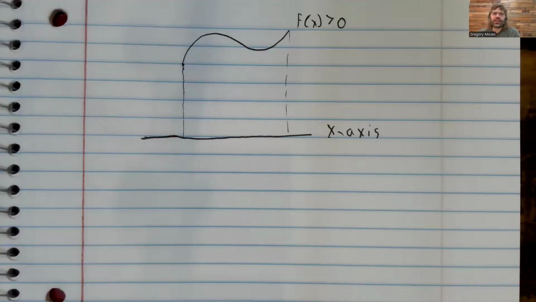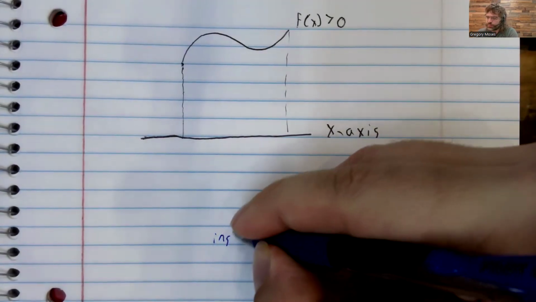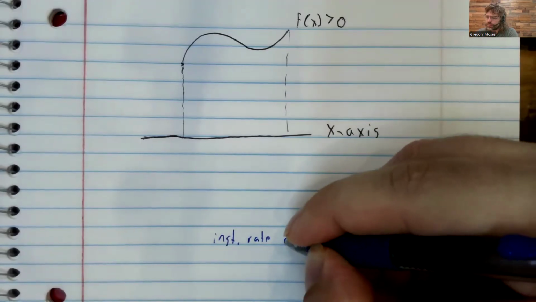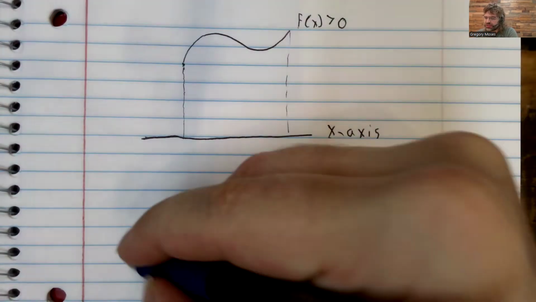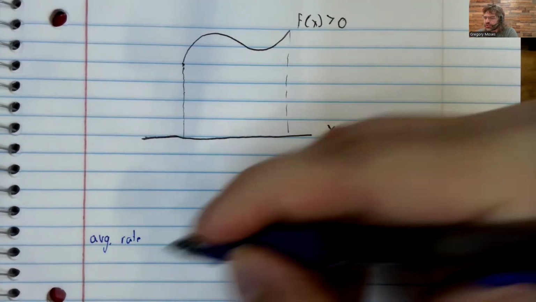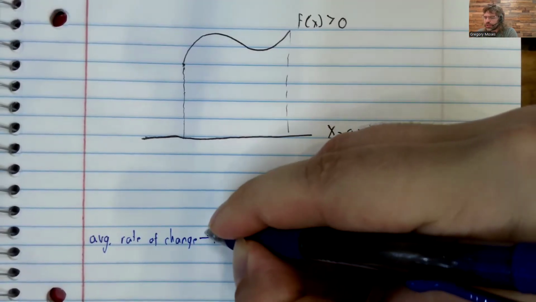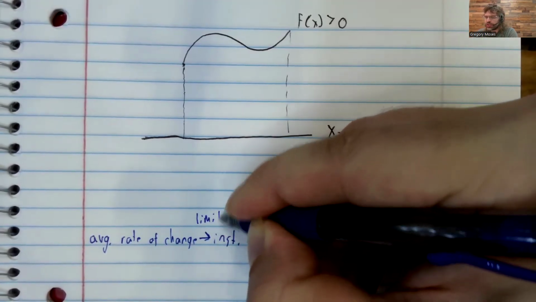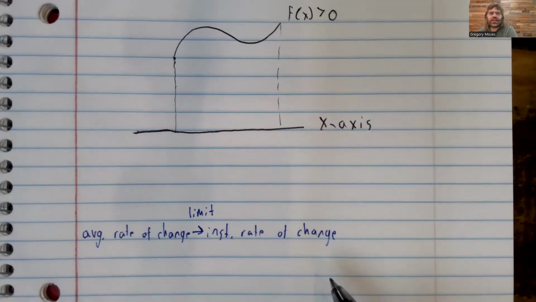So think back to derivatives. How did derivatives work? We had something we wanted to know, an instantaneous rate of change. We had something we could easily find, the average rate of change. And we went from what we could easily find to what we actually wanted using a limit.